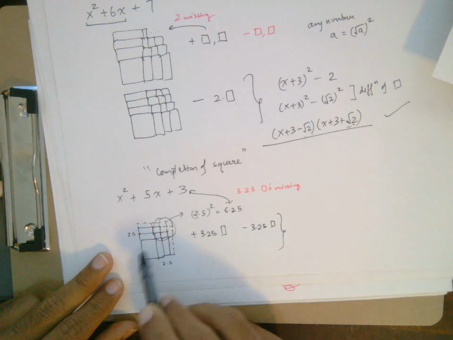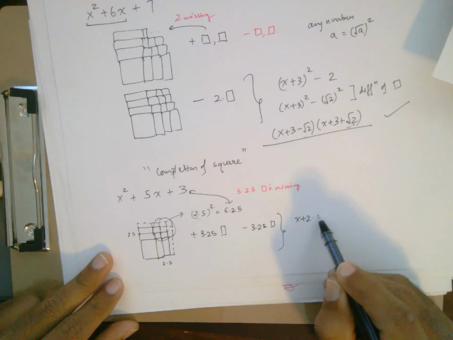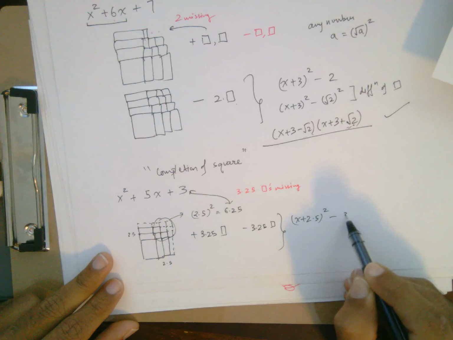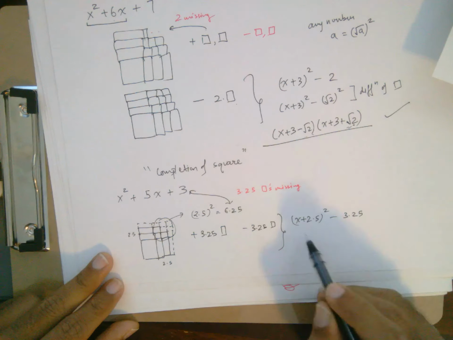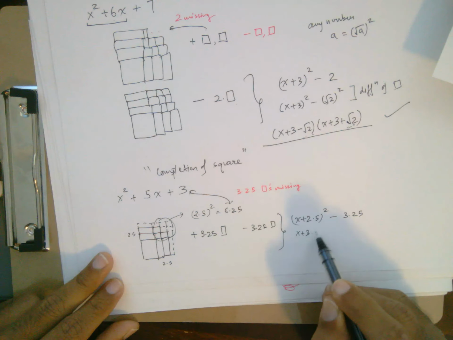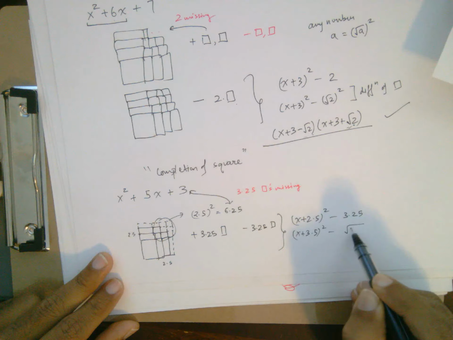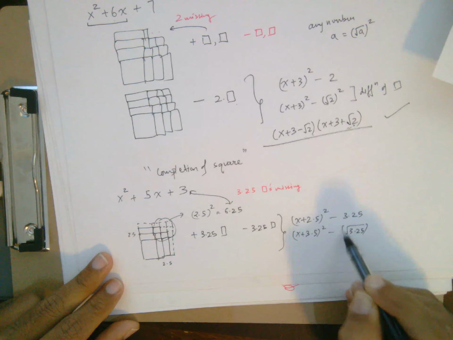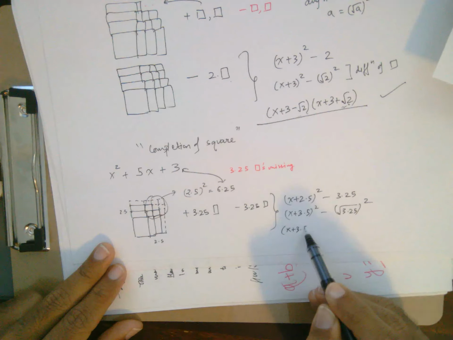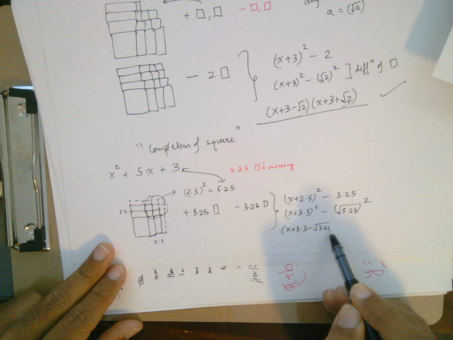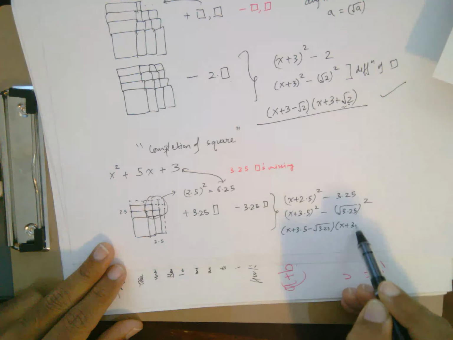Then you look at the square, it is (x plus 2.5) squared minus 3.25. And don't worry about this number, because you know that the trick is to write this as the square root squared. And then you apply the difference of squares to factor it.